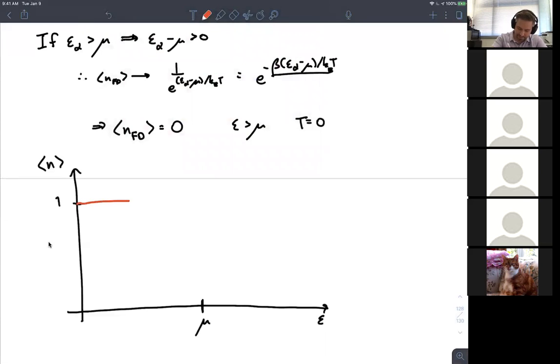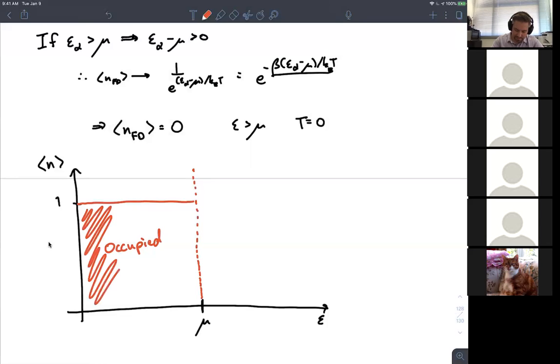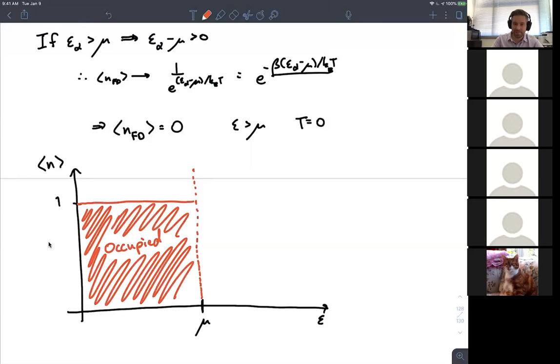So here, let me make this easier on myself. The chemical potential divides the energy axis in 2. If you are below the chemical potential, the energy level is occupied. If you are above the chemical potential, it is unoccupied.